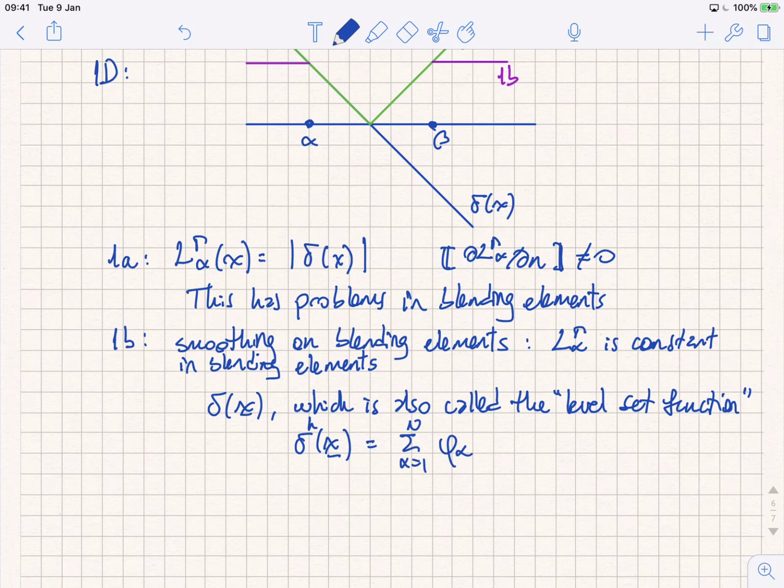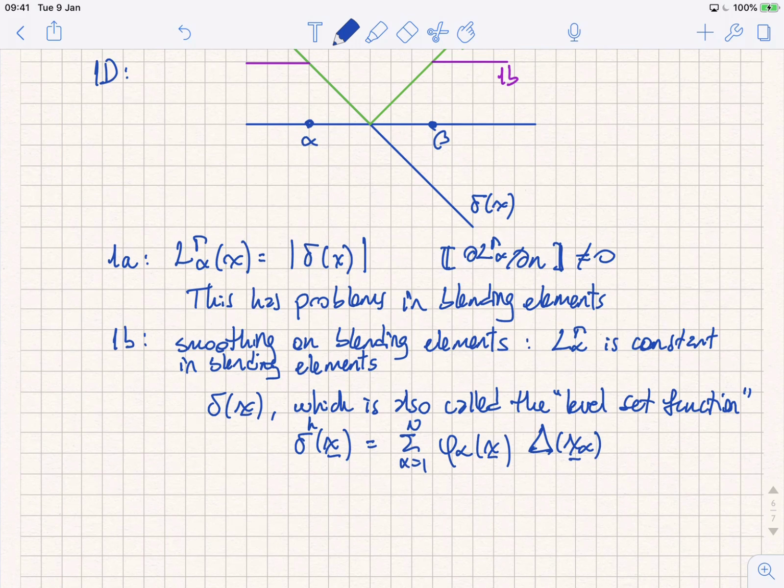So I have my phi alpha of x. This is my partition of unity shape functions. And now I'm going to multiply by some, let's call it big delta at x alpha. So that is actually the level set function at the node, at the mesh node.